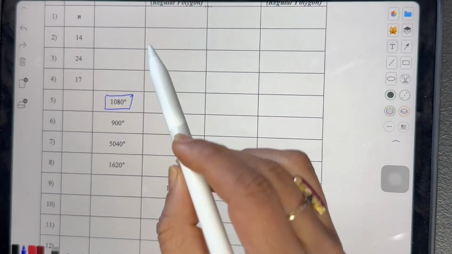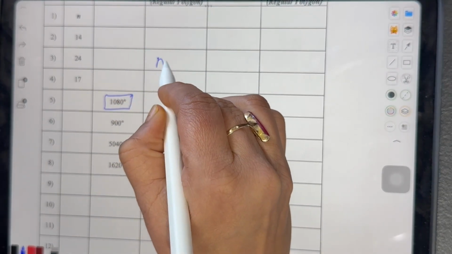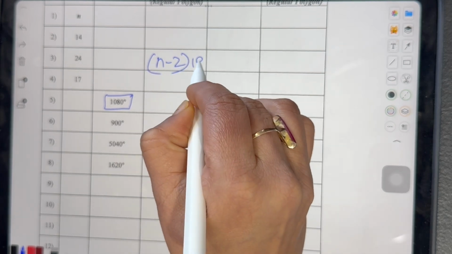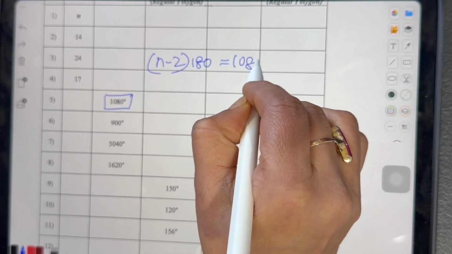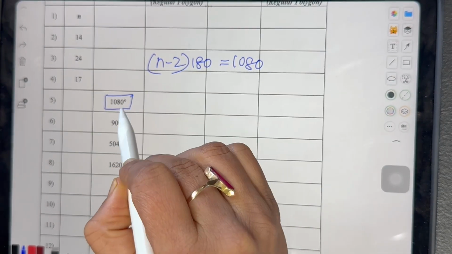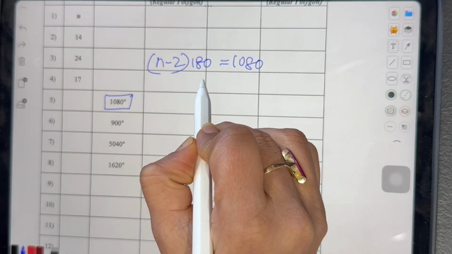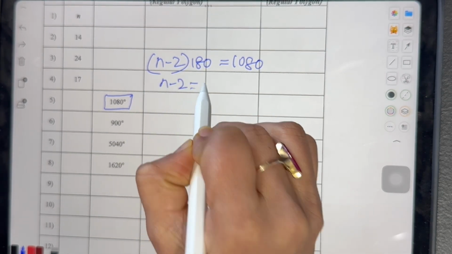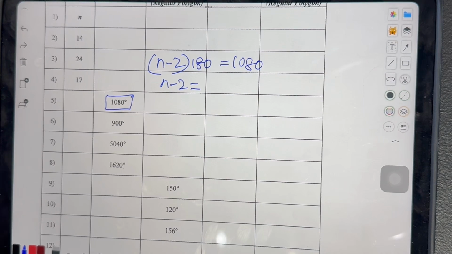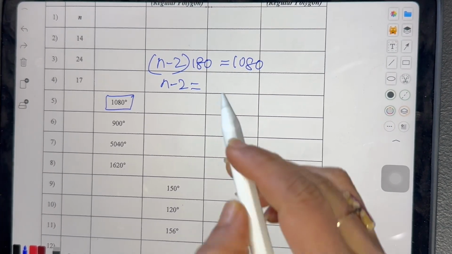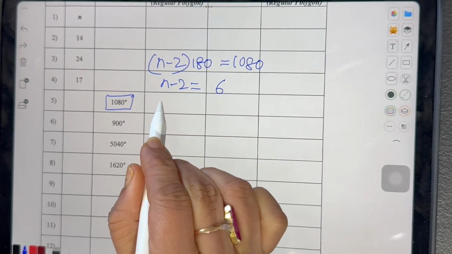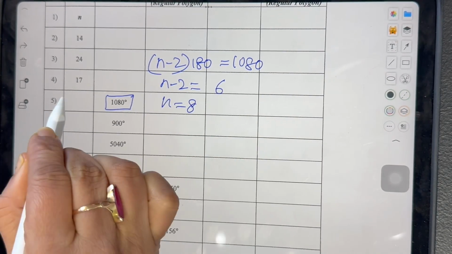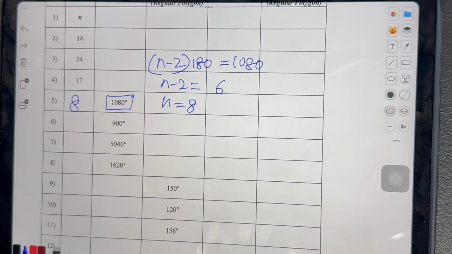What is the formula for the sum of all the angles? (n minus 2) multiplied by 180, which is given as 1080. You have to figure out n. So you can do n minus 2 is equal to 1080 divided by 180, which is 6. So what is n? n is equal to 8. Number of sides is 8.